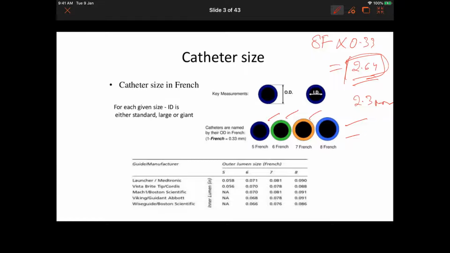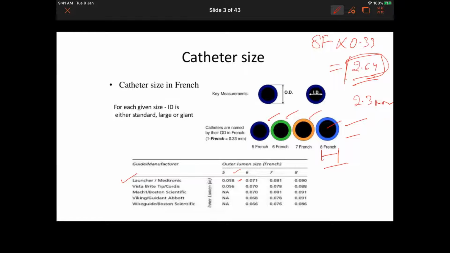Various manufacturers have guide catheters whose inner lumen diameter may vary. When they say it's a 6 French or 7 French guide catheter, they mean the outer diameter of the guide catheter is that, but the inner diameter will often be 1 French less. For Medtronic's Launcher, you can see that for the 5 French, the inner diameter is 0.058 inches.